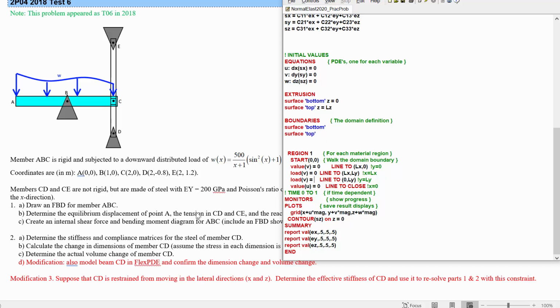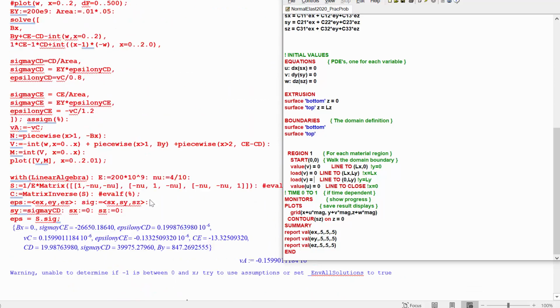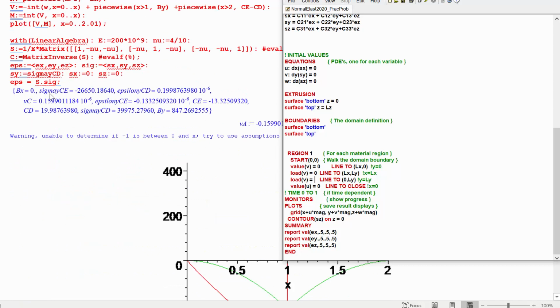And we've figured out that the stress that we have in y up at the top here happens to be equal to sigma CD, which is 40,000. So we've got a stress of 40,000 tensile on the top surface.